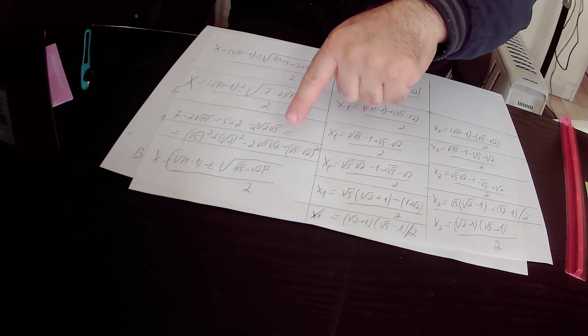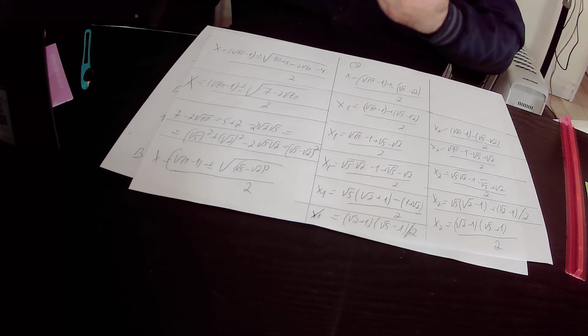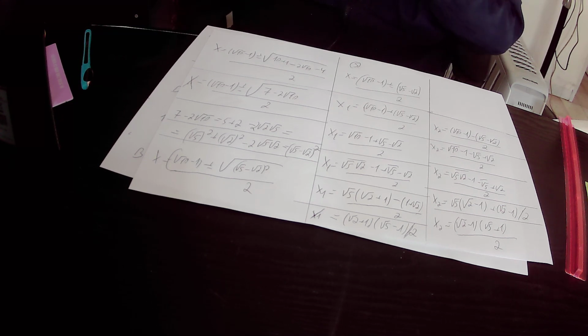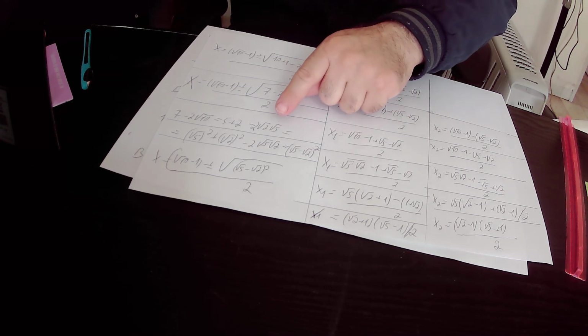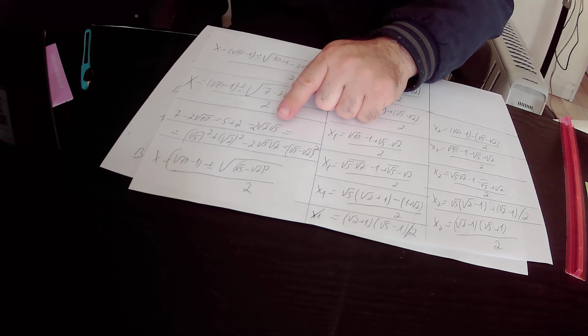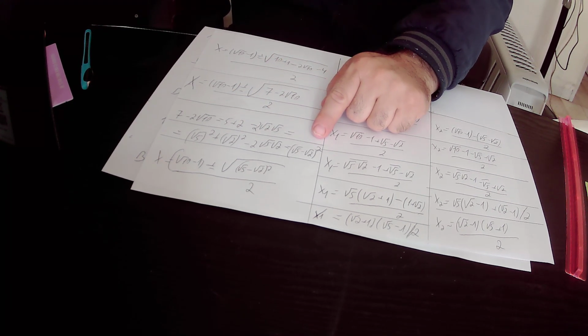This expression is very similar to the algebraic identity that states that a squared plus b squared minus 2ab equals a minus b squared. Therefore, according to this identity, we can substitute this expression by a minus b squared when a equals square root of 5 and b equals square root of 2.